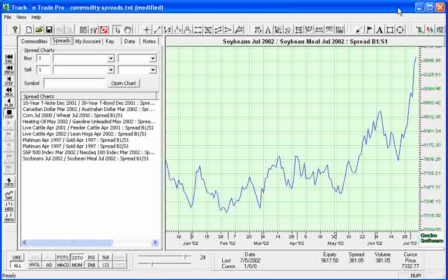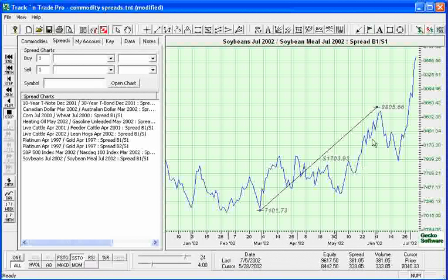Let's say the margin on soybeans is $1,000 initial, and the margin on soybean meal is $900 initial. We might expect that the margin for this spread wouldn't be $1,900, but it might be around $1,200 or $1,400. It's more than either the soybeans or the meal, but less than the combination of the two.